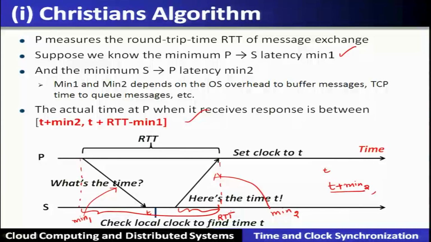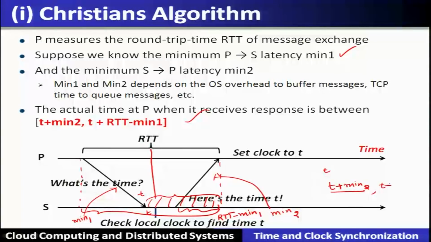So out of RTT, let us say this particular time is min 2. If we subtract min 1, RTT minus min 1 will be this much of the maximum time. So T plus RTT minus min 1 will be this particular time, and this will be added here.